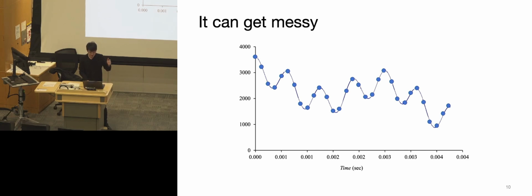So just so that you know, these things can get really messy. These aliasing issues can be much harder to work with if we have multiple frequencies of signals laid on top of each other. And this is usually the case for almost all the signals you will see in real life.